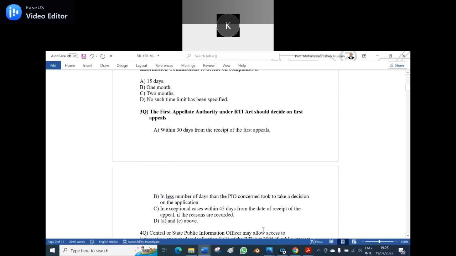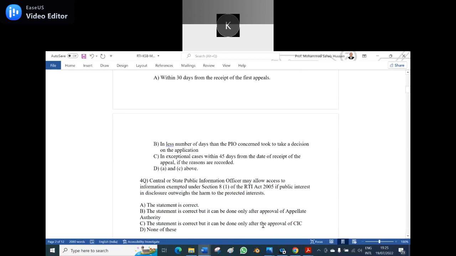Option A, sir. No. Option D, sir. Yes, option D is the correct answer. Within 30 days from the receipt of the first appeal, but in exceptional cases, within 45 days from the date of receipt of the appeal, if the reasons are recorded.